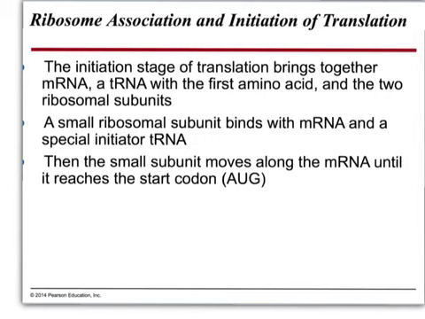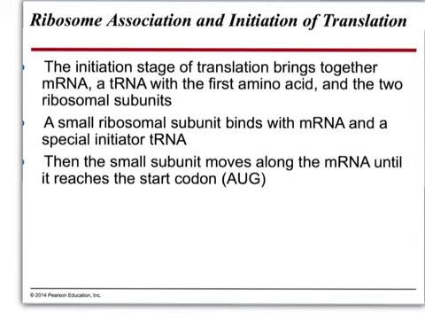All right. So the 5' cap and a special tRNA actually stimulate the small subunit of the ribosome to bind to that area. So we're going to start at the beginning of the mRNA because we have a signal that says this end is the beginning, as opposed to the 3' end or somewhere in the middle. Once the small subunit binds, that stimulates the large subunit to bind.